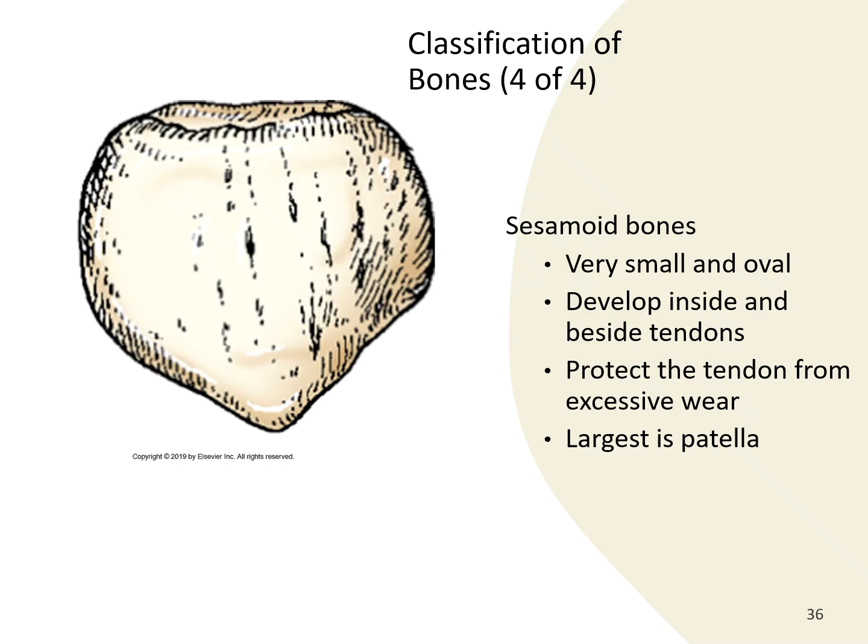The patella is a sesamoid bone. Unless you've had a total knee replacement, you have a patella out in front of your knee joint, and it's the largest sesamoid bone in the body. Inside and beside tendons, the patella is actually completely enveloped in your quadriceps tendon.